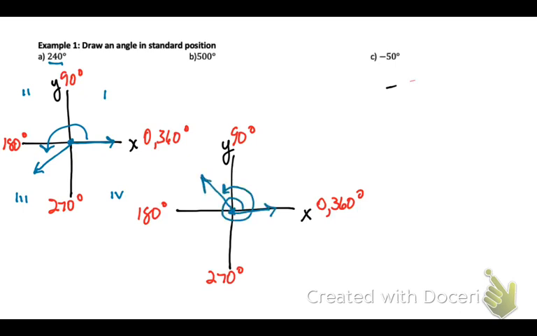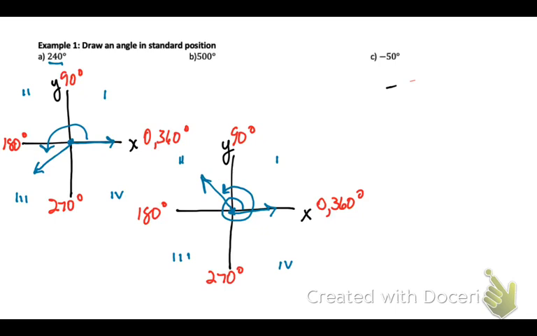And then 500 is past 360 and then past 90 and a little bit more. So it's going to end up in quadrant 2. But I need to show that it's rotating around, that it's doing a complete revolution and more for 500 degrees. So I show that little rotational spiral, and I am going counterclockwise because it is a positive angle.